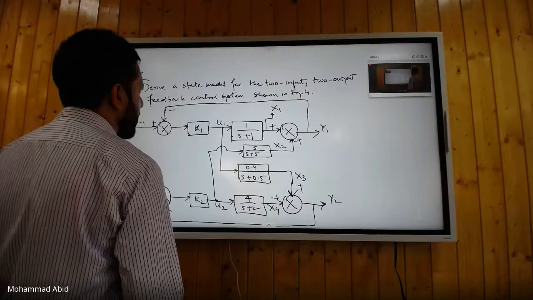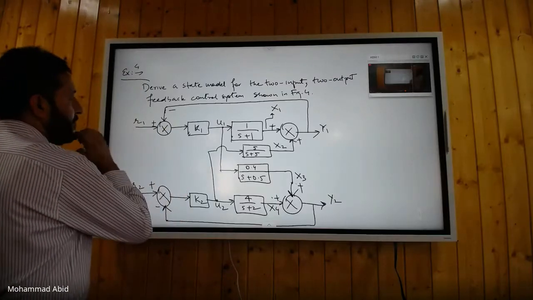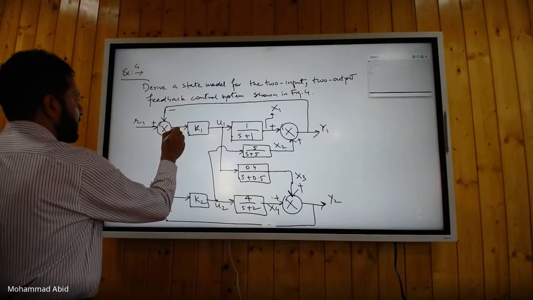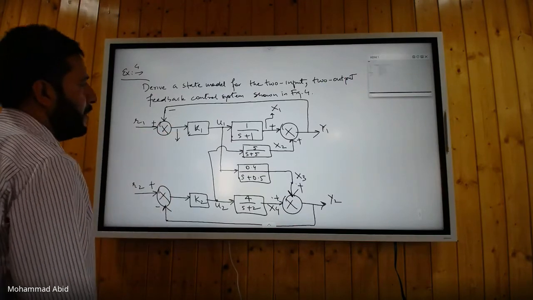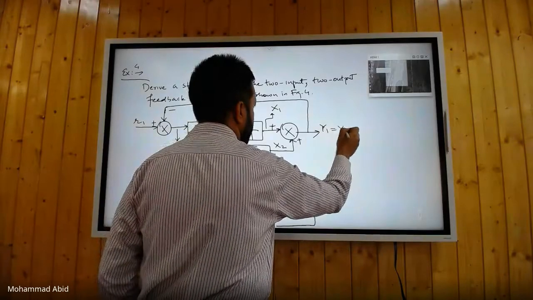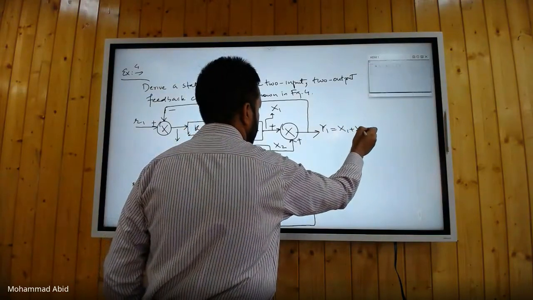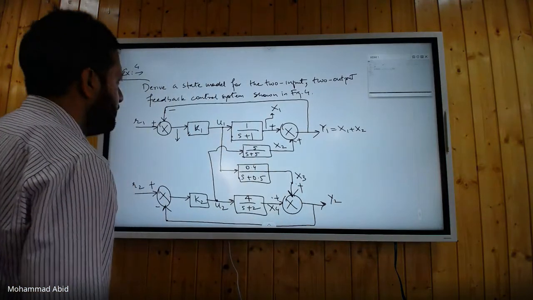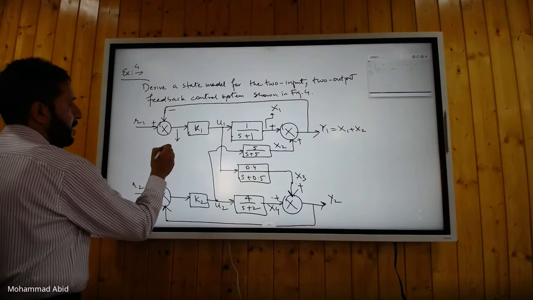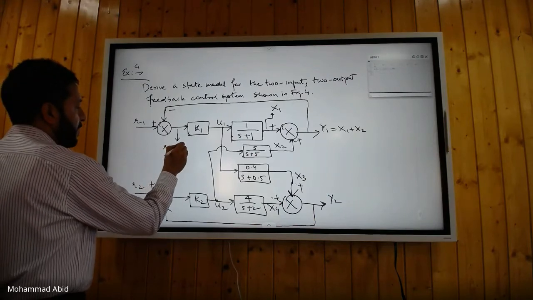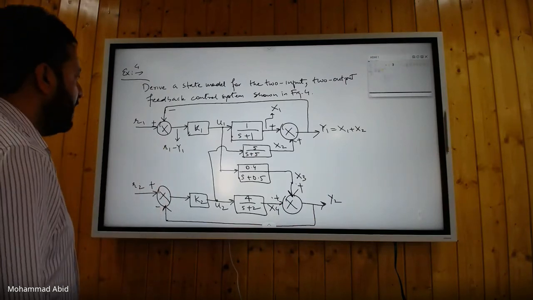Yes, sir. और ये वाला सिग्नल यहाँ पर क्या है? This one. Sir, R1 minus X1 minus X2. Actually, R1 minus Y1 and Y1 is equal to X1 plus X2, isn't it? है ना? So this is basically R1 minus Y1. सही है?